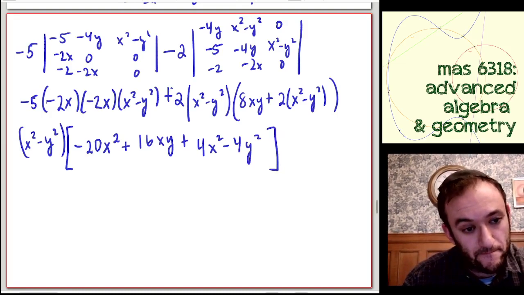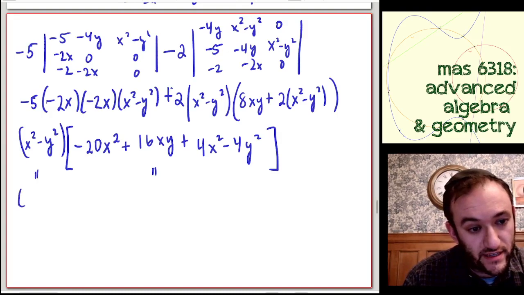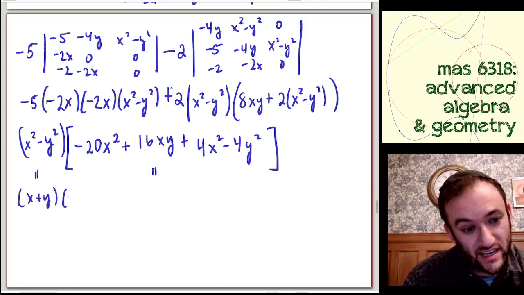Okay. And so simplifying this becomes, well, first of all, this can factor to x plus y times x minus y.